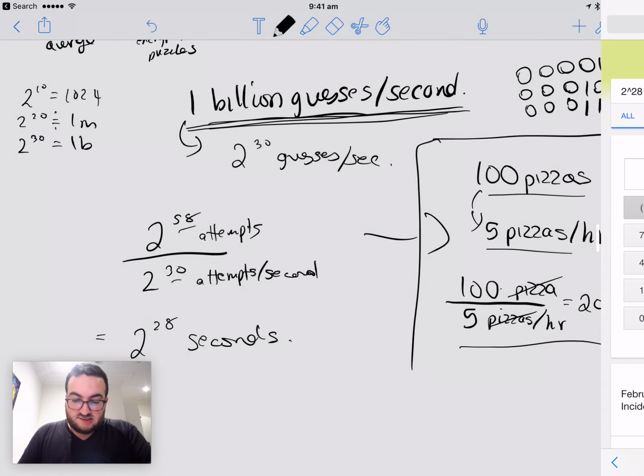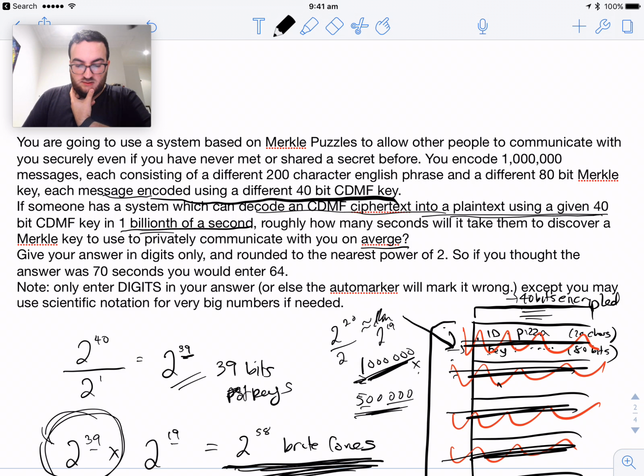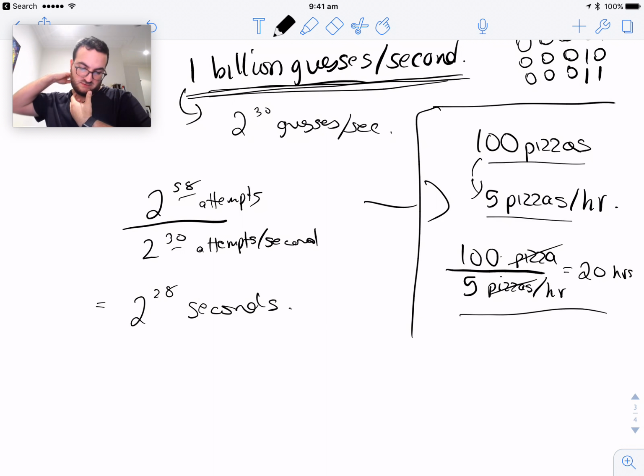So it's that many seconds. Let me check the question here. Give your answer in digits only, round to the nearest power of 2. Well, that is going to be a power of 2 number, isn't it?